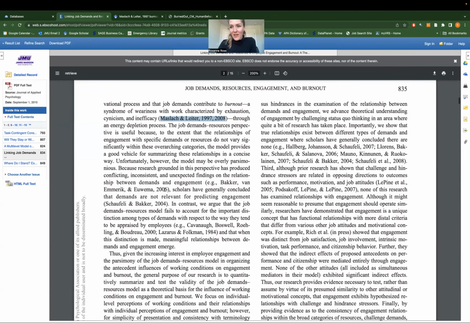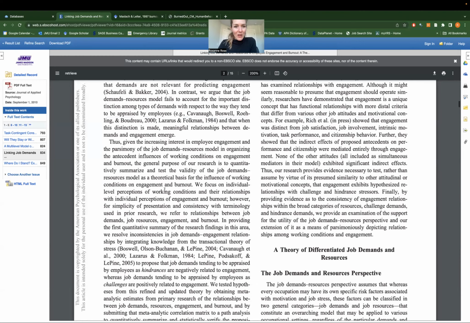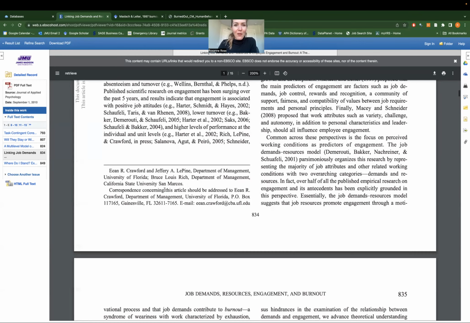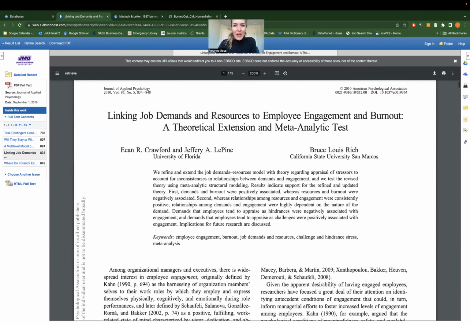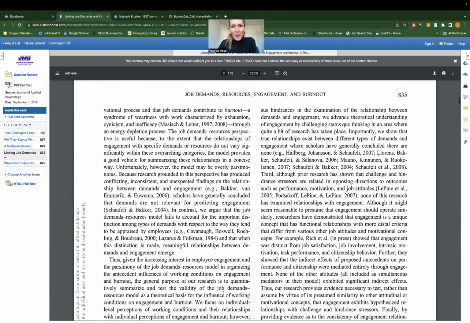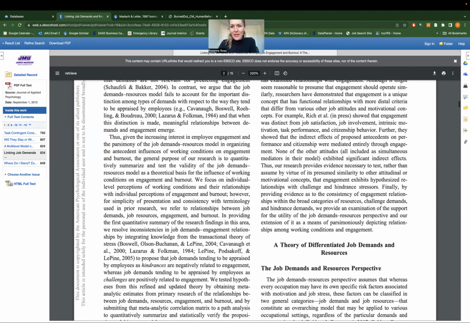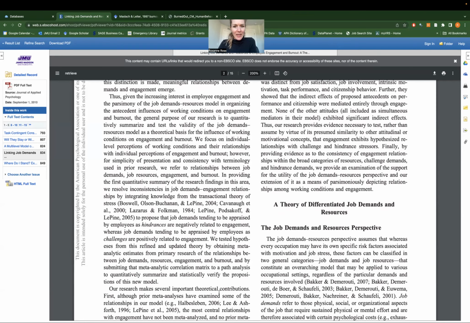Okay, so that's all good and well. Then as I'm reading along, I'm also curious how they're defining job demands and resources. So that's what they're saying is predicting burnout, either decreasing or increasing burnout. So as I'm going along, I'm keeping my eyes open for that and seeing if there's anything that gives me an indication of what that might be.